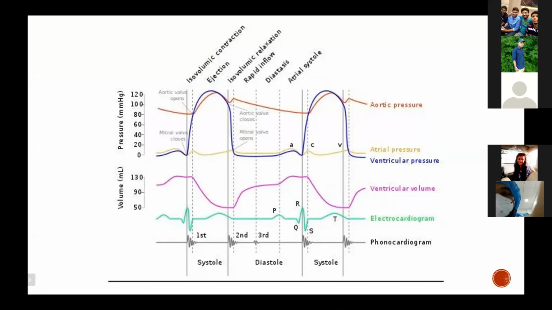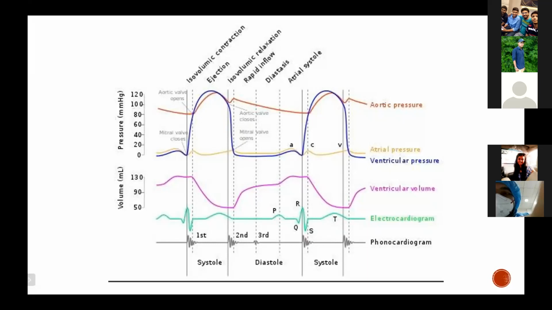Okay, so a little into the cardiac cycle. Briefly, we know that the first heart sound is produced because of the closure of the atrioventricular valves. Once the AV valves close, that's when ventricular systole begins. As ventricular systole continues, at the end of systole the semilunar valves close, and that is marked by the second heart sound.